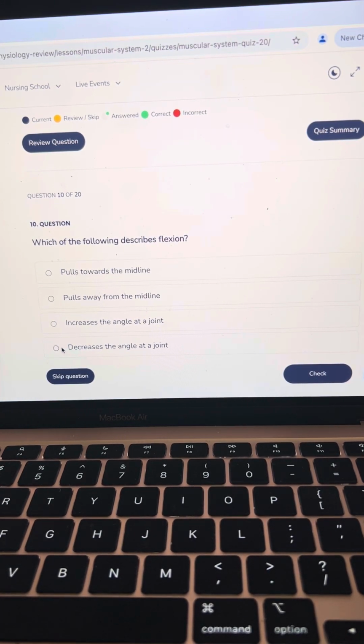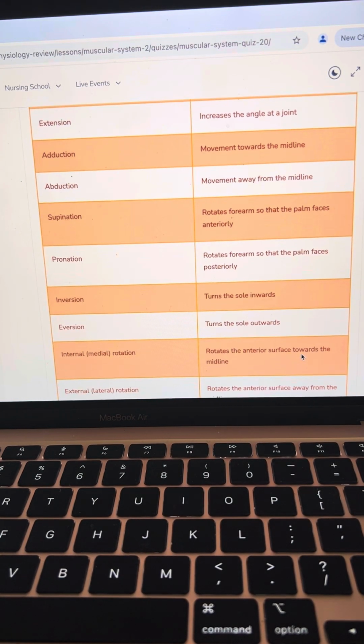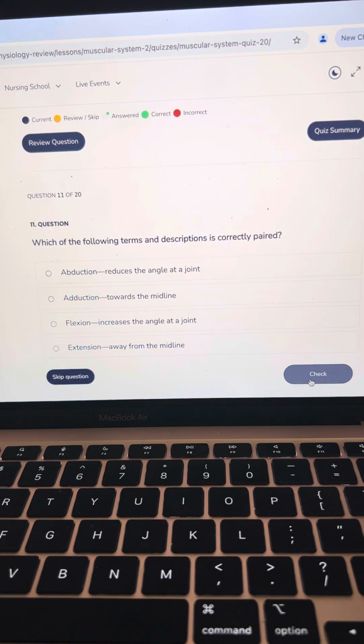So it's gonna decrease the angle. I'm gonna pick decreases the angle at the joint. And there it is, correct. It gives you a little explanation, and we go through this list again. This one is very good about repeating, and so you learn it.